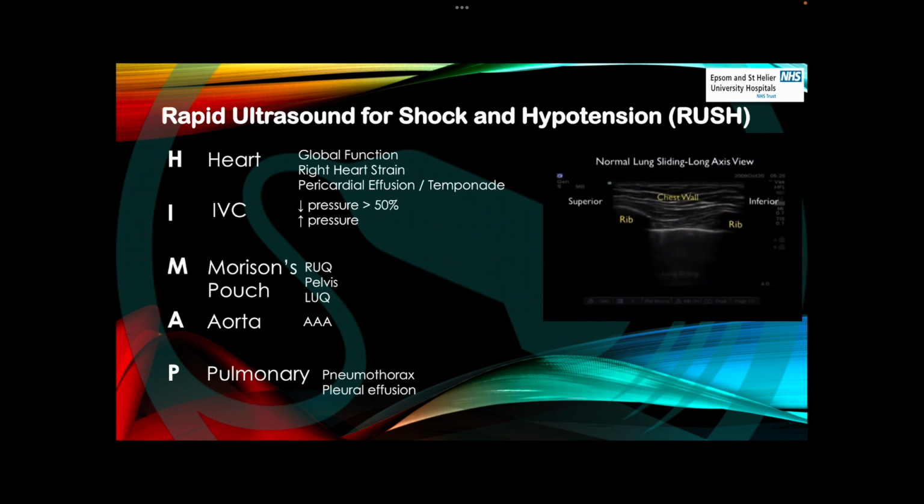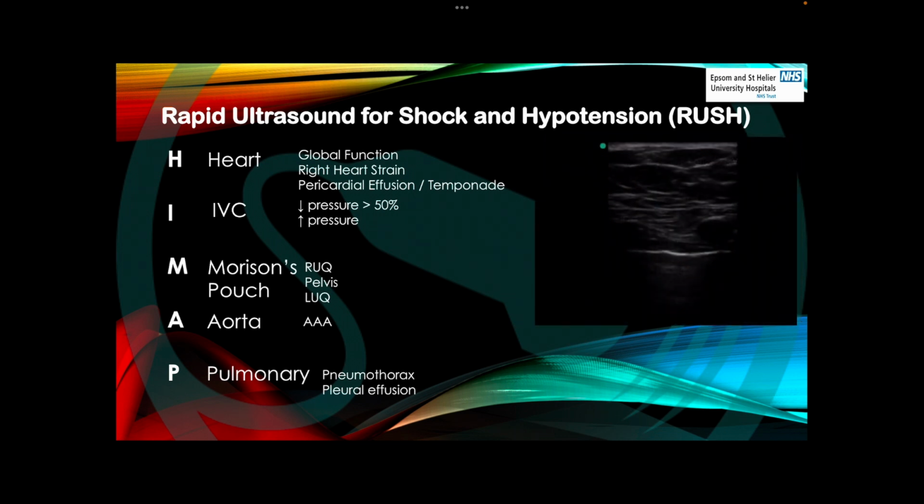This is normal, and this is the chest wall. Here, this is a normal ultrasound for a chest, when you put the probe by using the linear transducer.